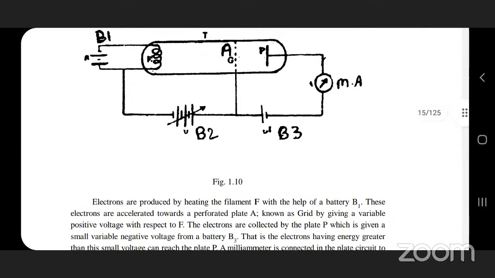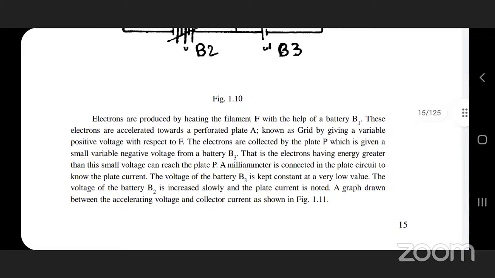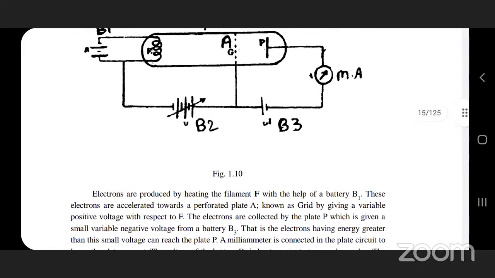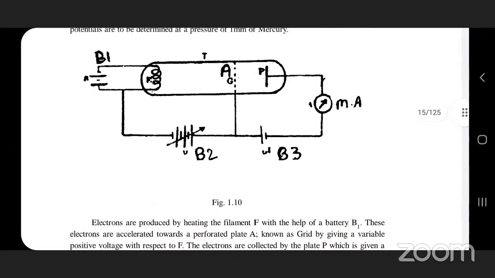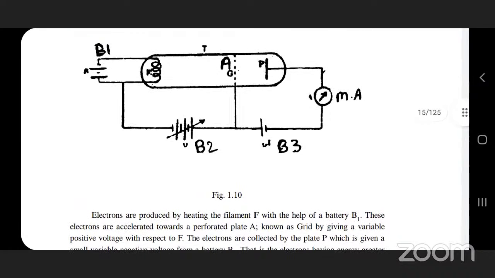You can easily see that electrons are produced by heating a filament F. F is a filament here. By applying a voltage through the battery, these electrons are accelerated towards the plate, capital A, known as a grid, given a variable positive voltage with respect to the filament.